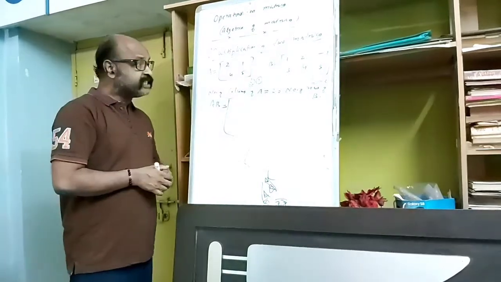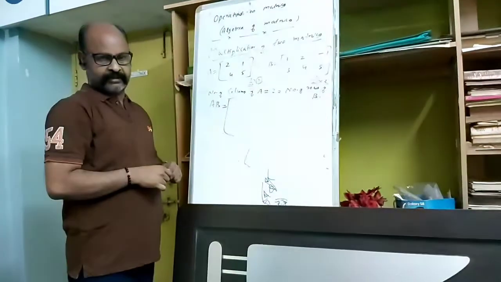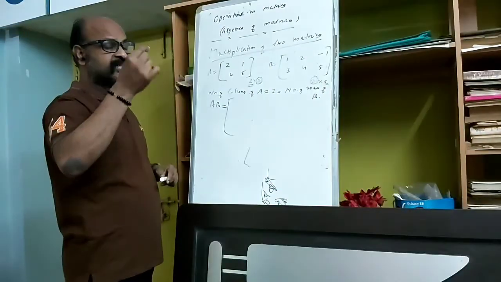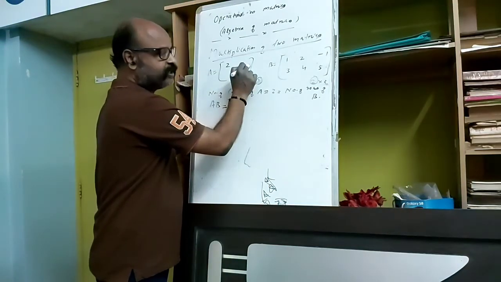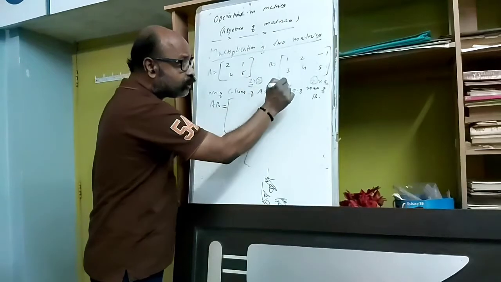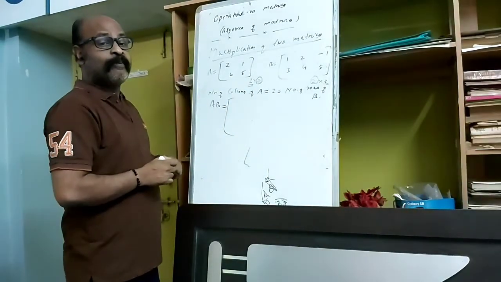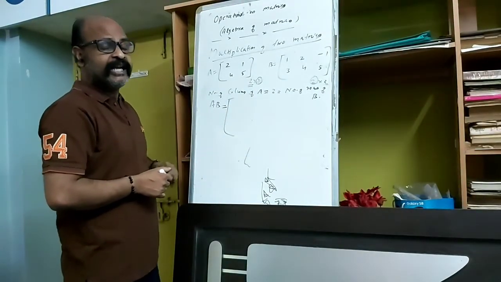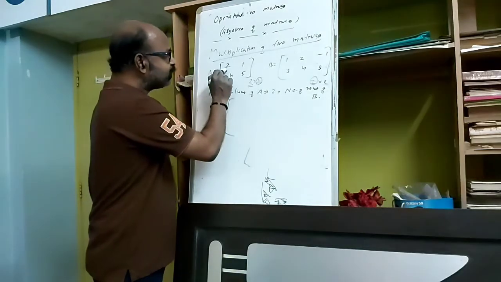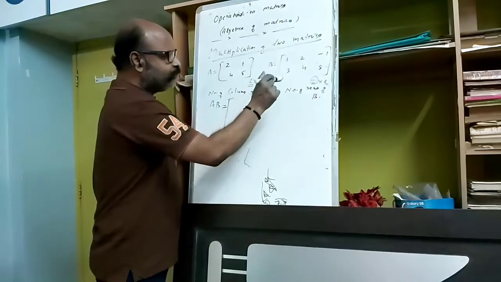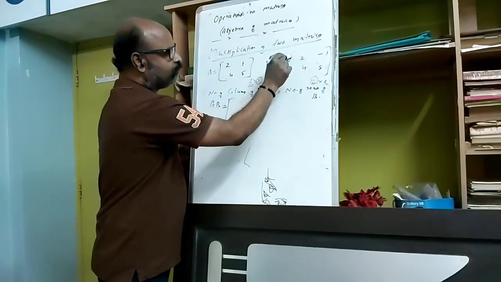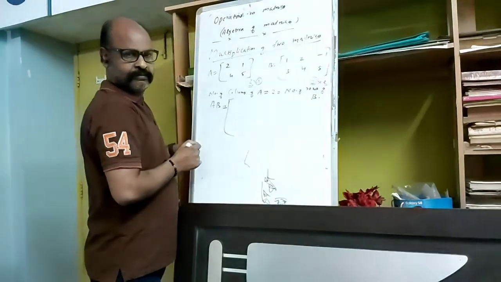So what do you have to do? Take the rows of the first matrix and the columns of the second matrix. So we take the first row of the first matrix and the first column of the second matrix, multiplying the corresponding elements. See, how many elements in the first row of the first matrix? 2. How many elements in the first column of the second matrix? 2.